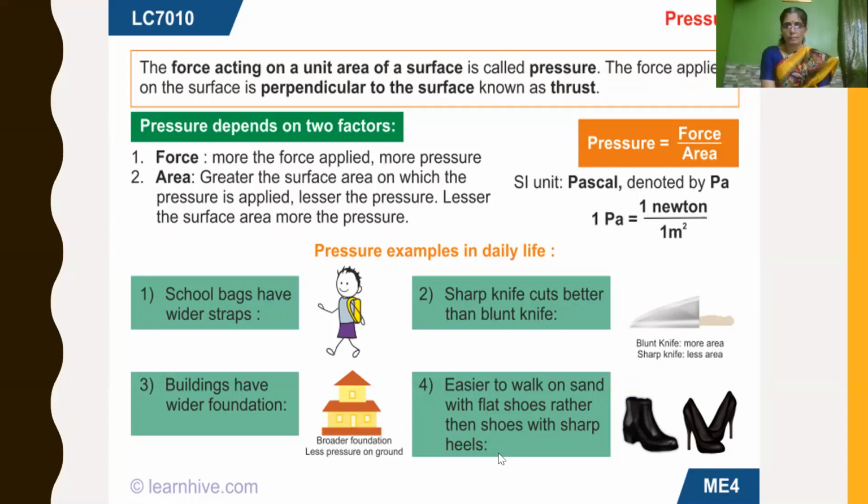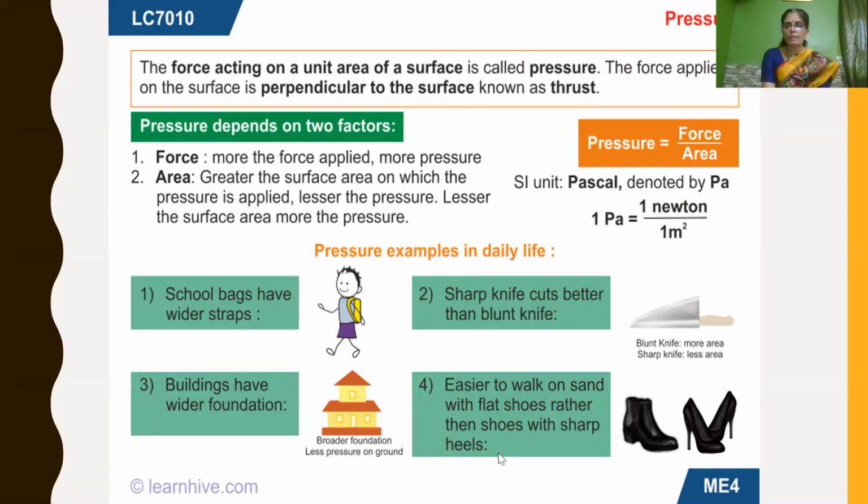So what are the two factors on which pressure depends? Force and area. How are they related? The more the force applied, the more the pressure. And regarding area, the greater the surface area, the lesser the pressure, and the lesser the surface area, the more the pressure exerted.